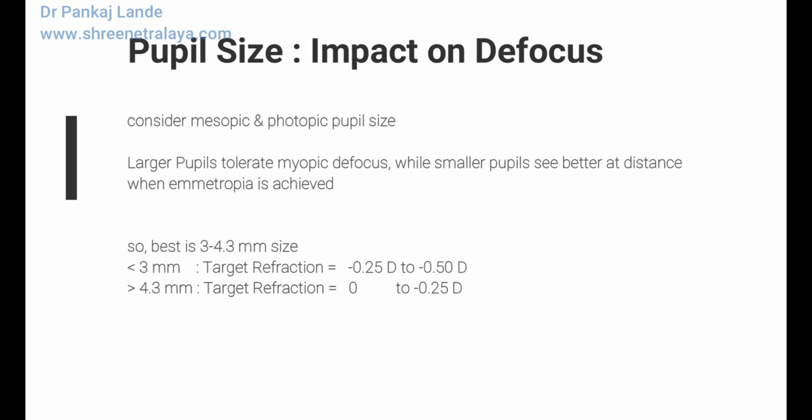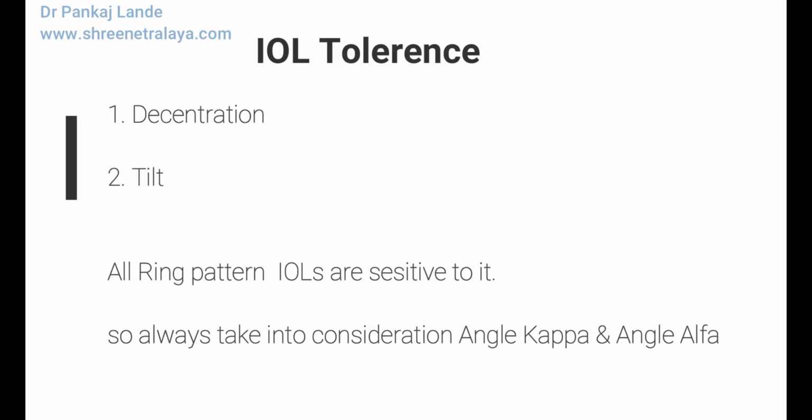Next important parameter is pupil dependency of IOL. There is a definite impact of pupil size on defocus. Always take into consideration mesopic and photopic pupil size. Practically, larger pupils tolerate myopic defocus, while smaller pupils see better at distance when emmetropia is achieved.